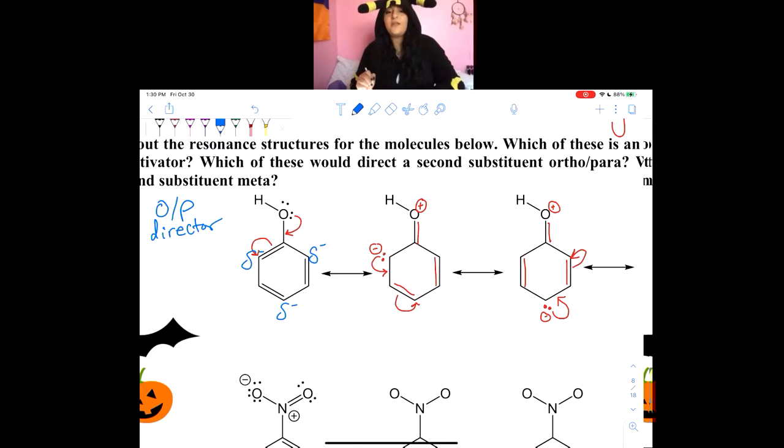because if the benzene ring wants to be the nucleophile, it wants these negative carbons to be where we add our next group.